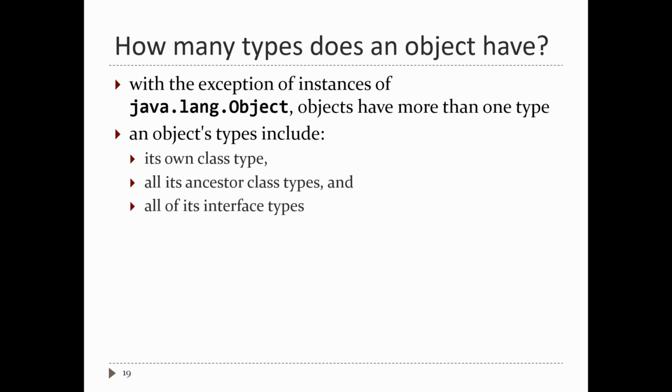So a Point2 is a Point2 object. It also includes all of its ancestor class types. So a Point2 object is also a big O Object because it inherits from Object. And if your class implements any interfaces, the types of the object also include all of the interfaces that it implements.